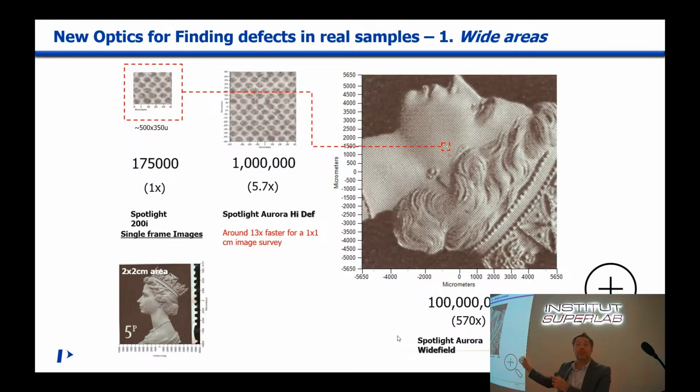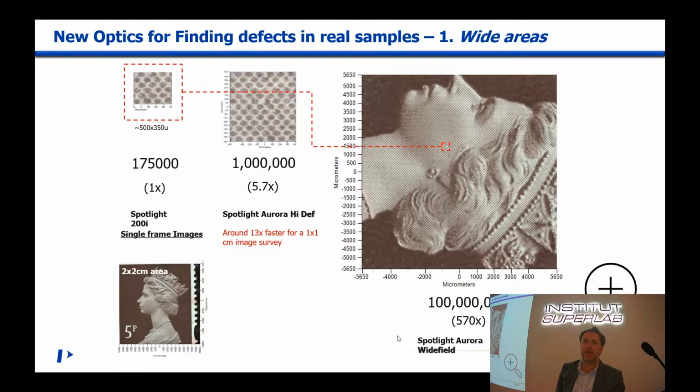So what we did was we put 2 cameras in this product. Now, as you know, Britain doesn't have a queen anymore, but she's still on the stamps. So we did the analysis on a stamp of the queen. You can see here that we've got a wide field camera, shown on the right. On the far left is what we used to have as a camera. On the far right, you can see the queen.